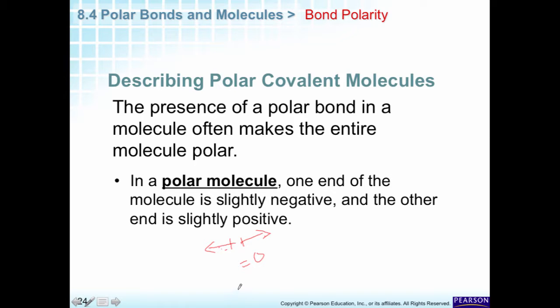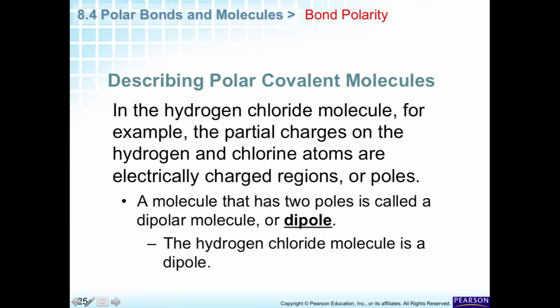They cancel out. Okay, if you have a vector going this way and a vector going this way, however, they may not cancel out. So the whole molecule could be polar. This one would be nonpolar. So what those little arrows mean, we create something called dipole. Okay, we have the positive and negative side.